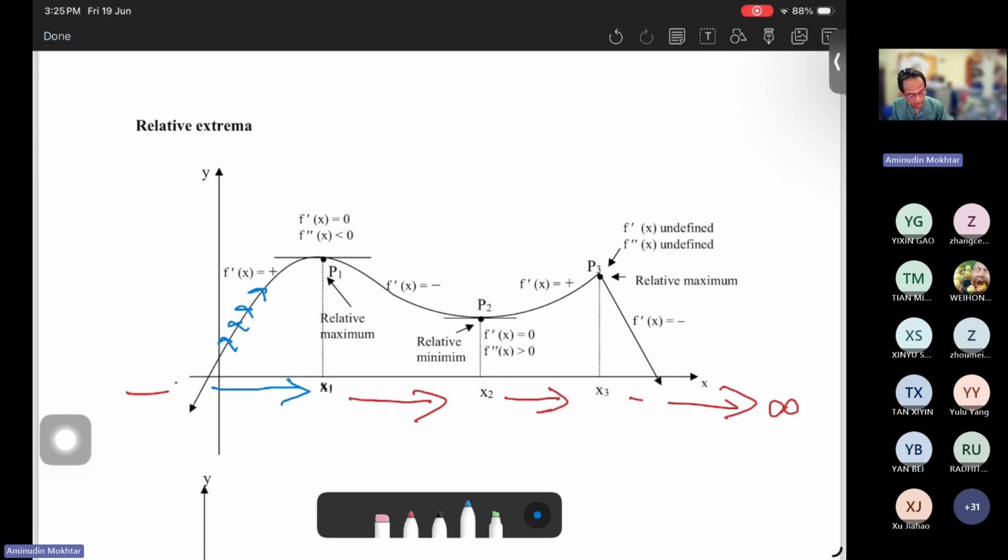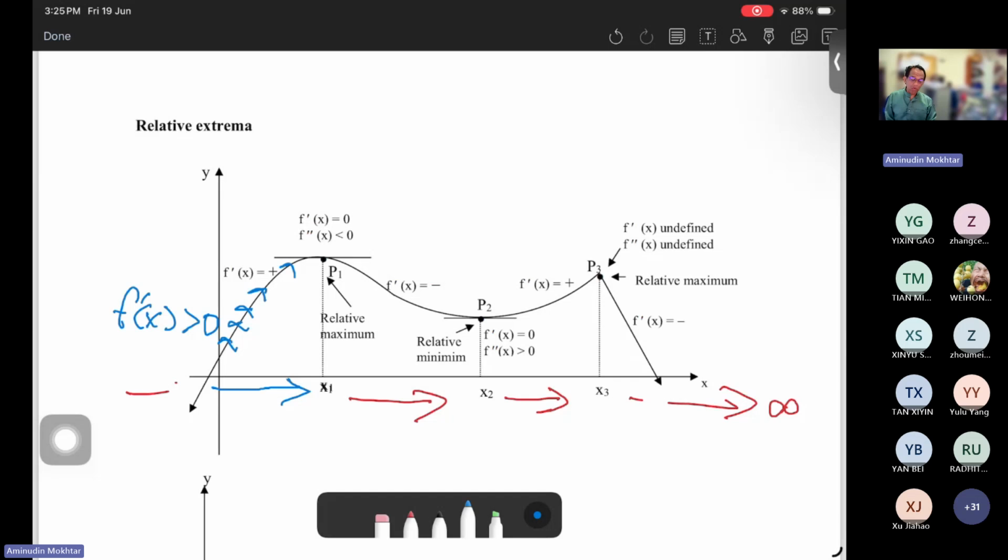If x increases, y also increases, meaning there is a positive relationship, or the slope of the function is positive, so the first derivative is also positive. Remember, the first derivative is also known as the slope of the tangent line, or the slope of a straight line.